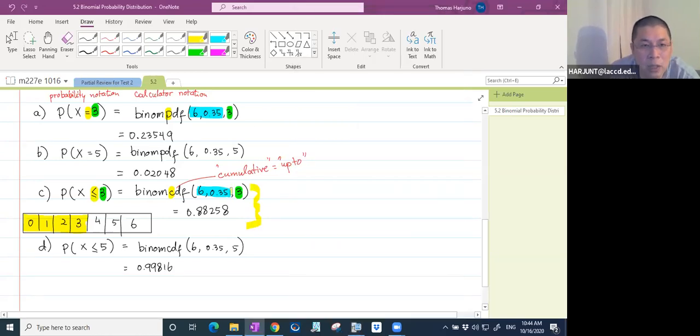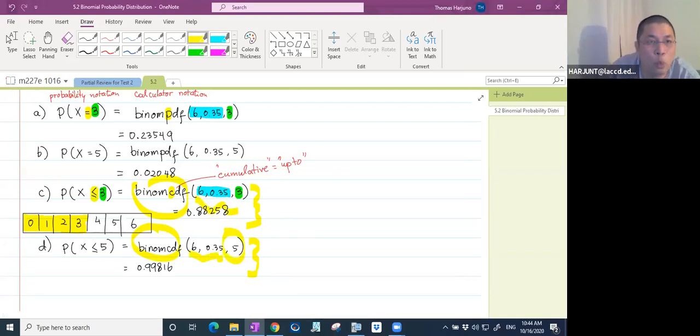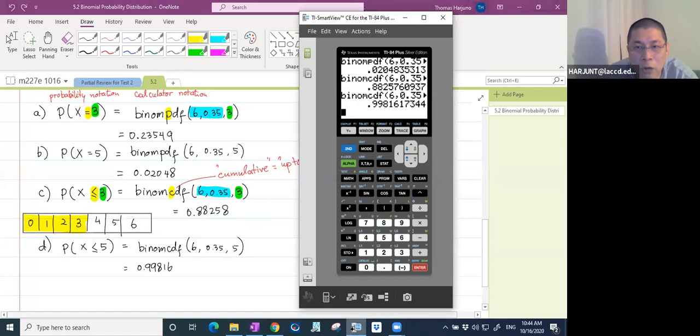Okay, but notice that part C and part D are the same function. They have to be the same function, same two numbers, except this one here. If you want to change one entry on your calculator, you can do the following. You get the entry here. Do you see this entry?